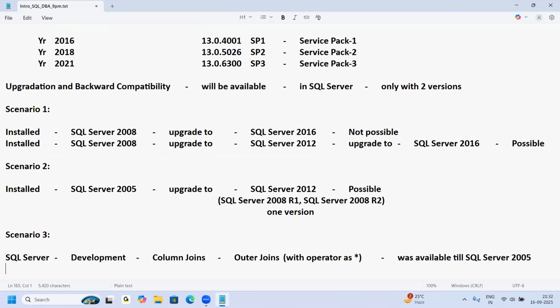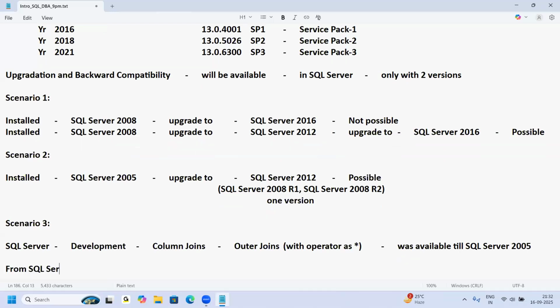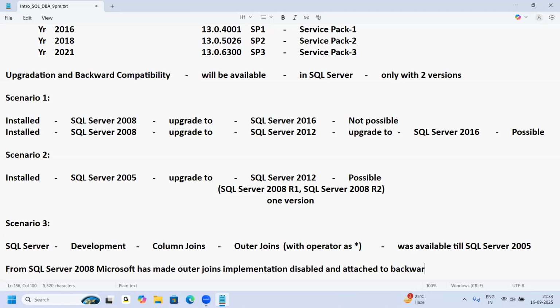And what Microsoft has done from SQL Server 2008 is that Microsoft has made the outer joins implementation disabled and attached to backward compatibility.